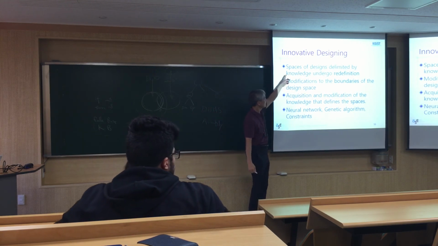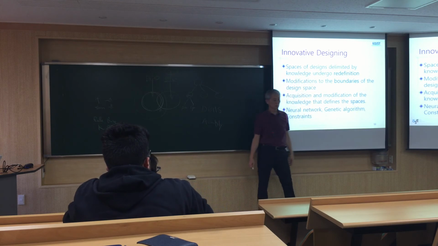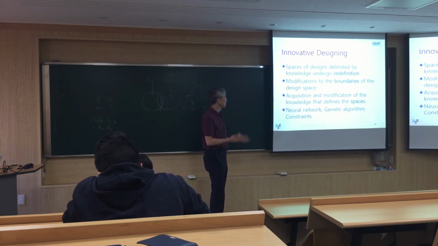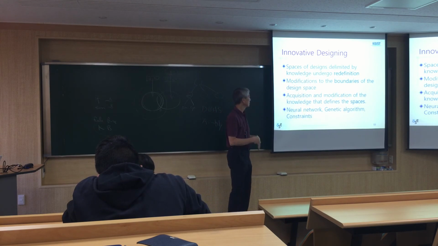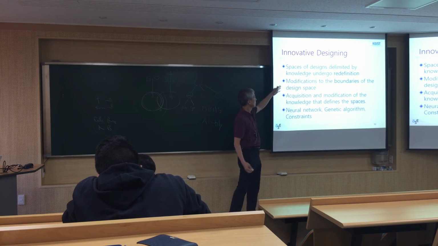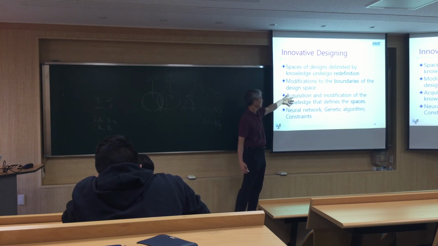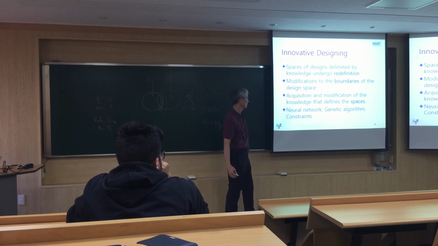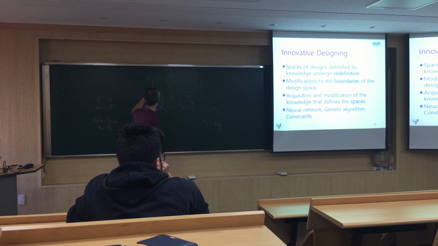So we should redefine the design space, by a person, by a rule, by a computer. So the boundary is modified, right? How? By using new rules, new knowledge. So knowledge defines space.